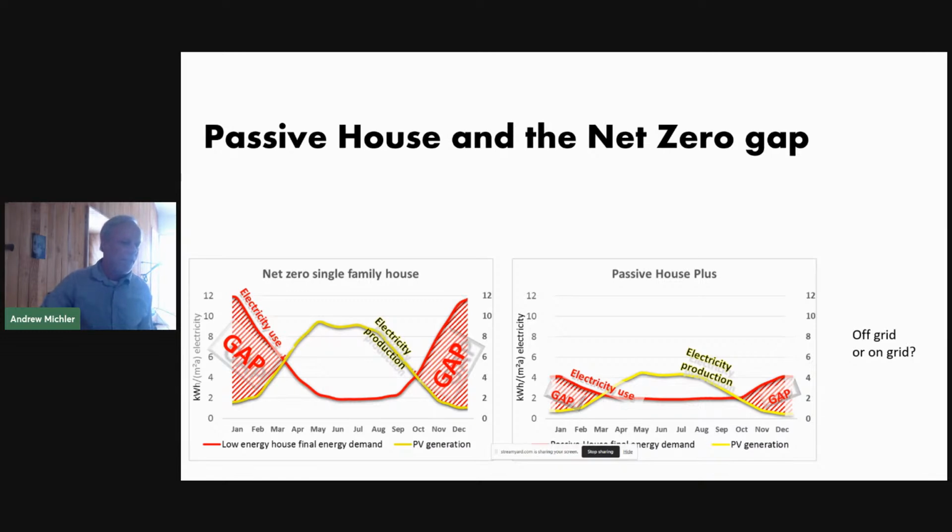And it becomes seasonal. So we end up providing way more energy than we really need in the summertime and not producing nearly enough in the winter for most climates. But Passive House significantly shrinks that.